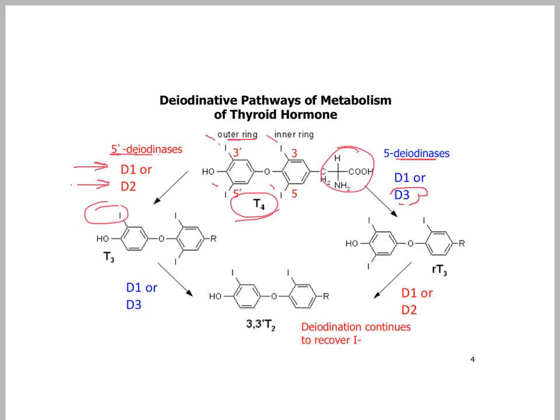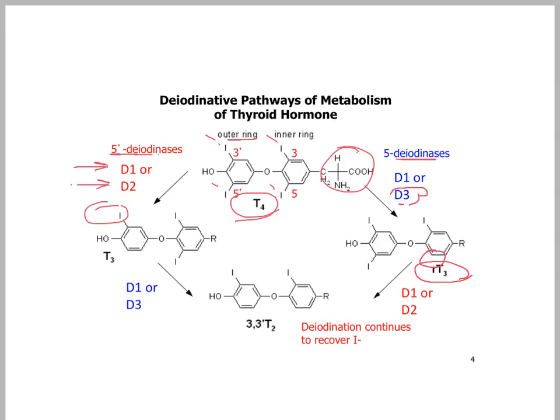But we now know that in many places, such as the central nervous system and the placenta, this enzyme is really crucial for inactivating hormone and not allowing it to be active until the appropriate time of development. But the product of this pathway from T4 is what we call reverse T3. So you can see this iodine has been removed, and that's why we call it reverse T3. For all intents and purposes, this particular metabolite has no activity.